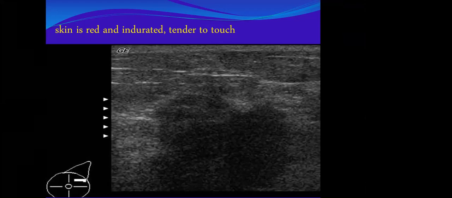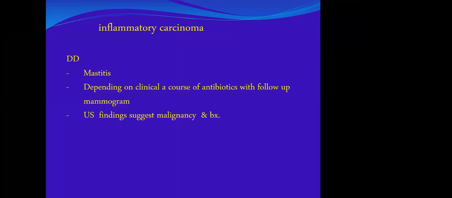So that is why I said it might be. I will not go for BI-RADS 5, I'll go for BI-RADS 4C, since the differential might include benign inflammatory. It can be just mastitis. It can be carcinoma. So the differential diagnosis: it can be inflammatory carcinoma, it can be mastitis.